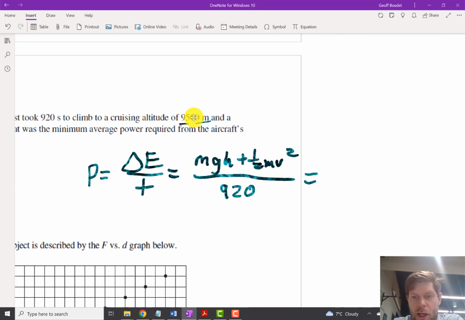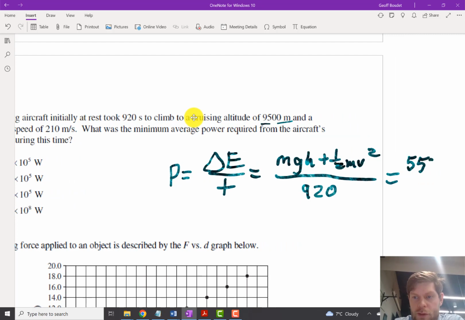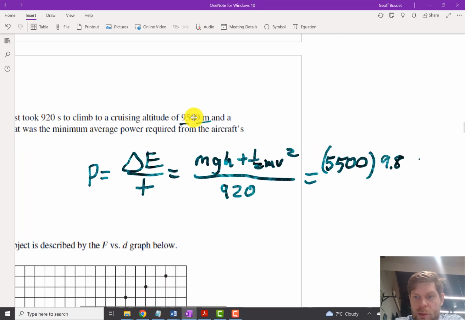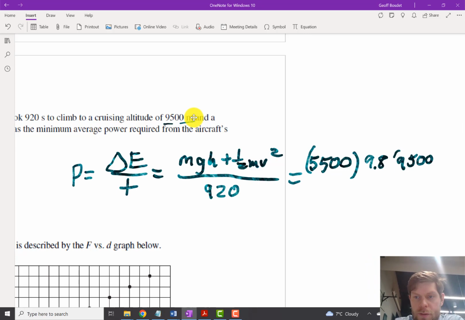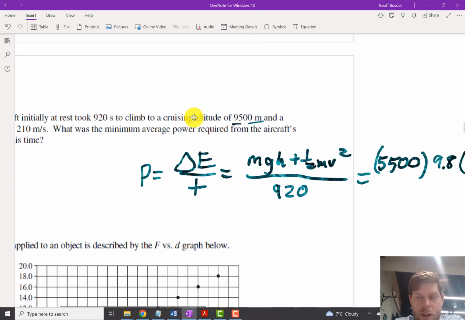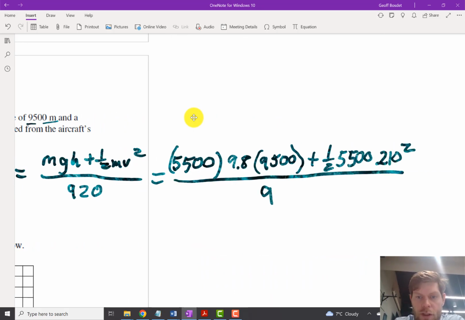So what we got: big boy aircraft times 9.8 times 9,500 plus 1/2 times 5,500 times 210 squared, all over 920.